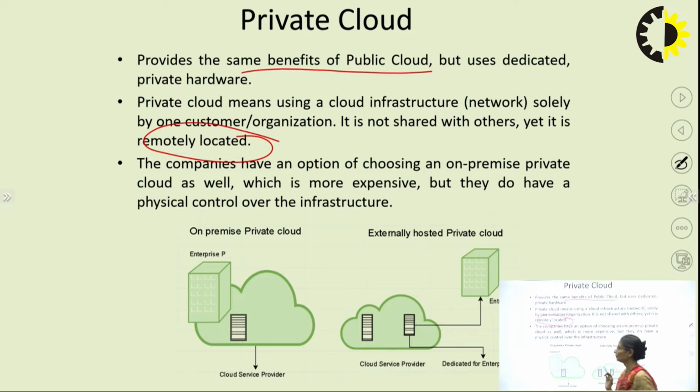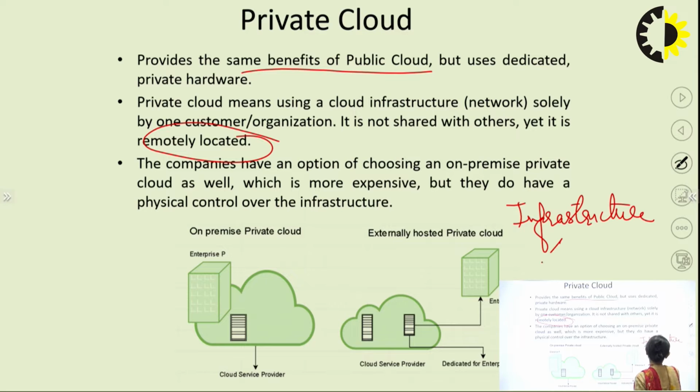Now in this case, two things can be possible. The infrastructure could be on premise of the user, or you could say customer, whereas in the case of another model it could be off premise, that is with the CSP.